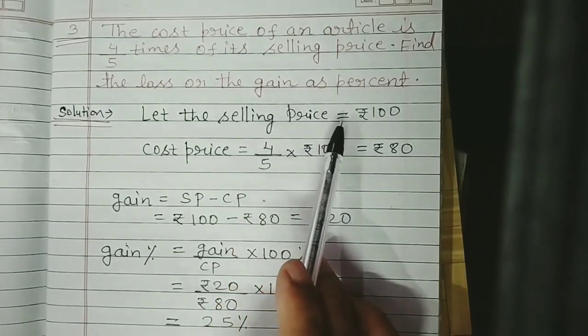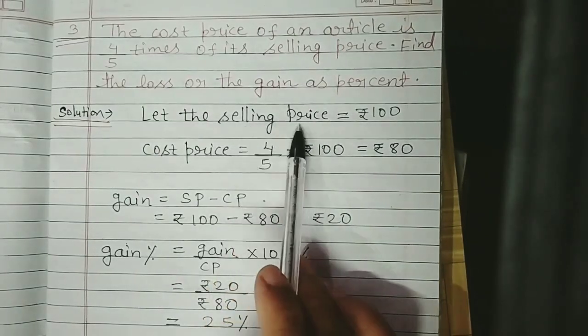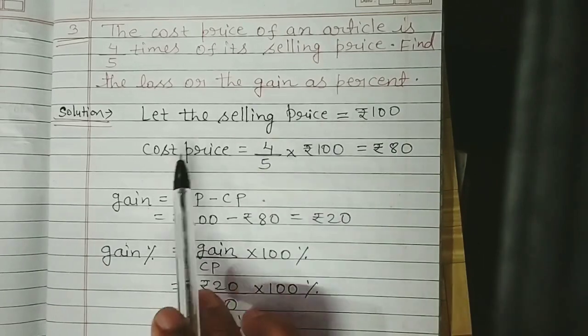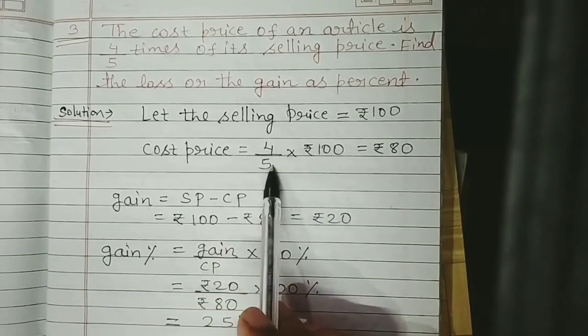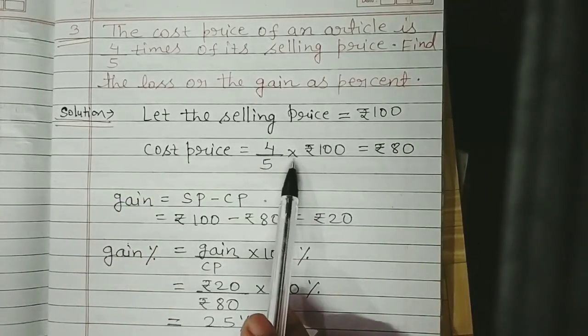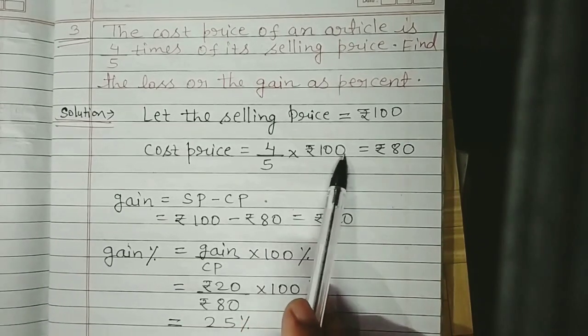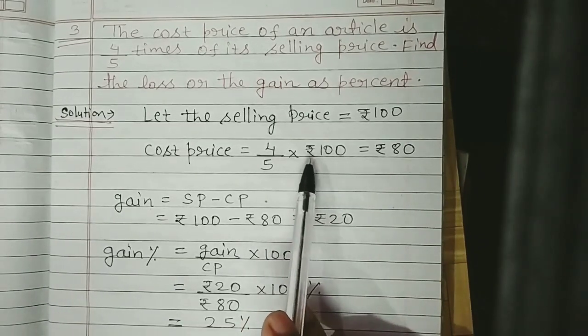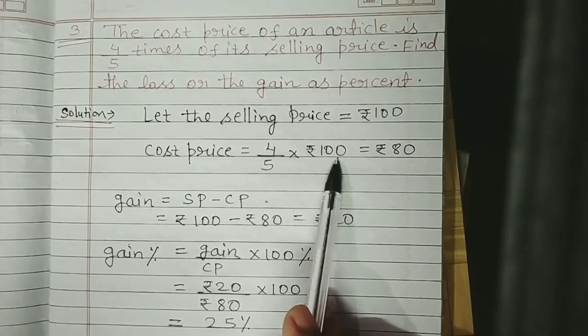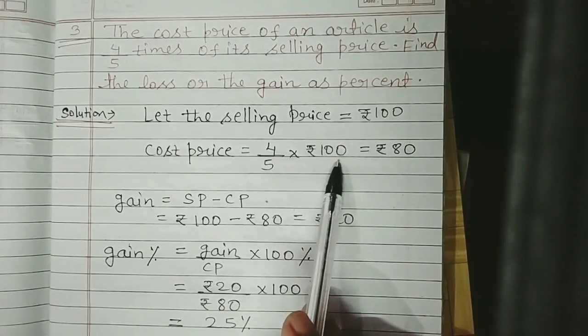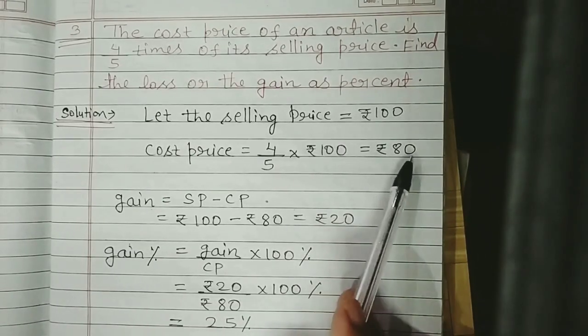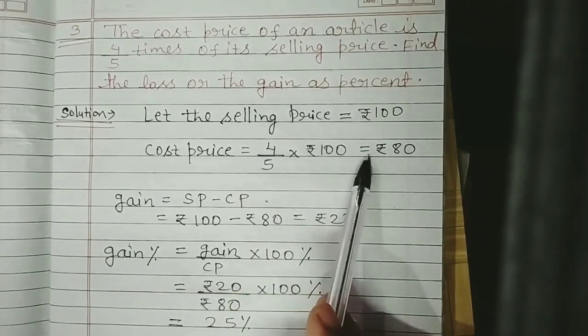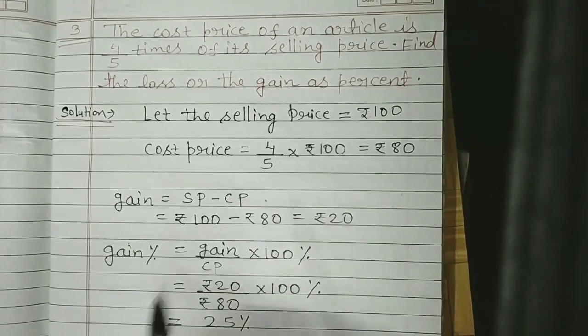So as we have assumed the selling price is rupees 100, so the cost price equal to 4 by 5 times into rupees 100, that is the selling price. Clear? Equal to rupees 80. After solving this it is equal to rupees 80.